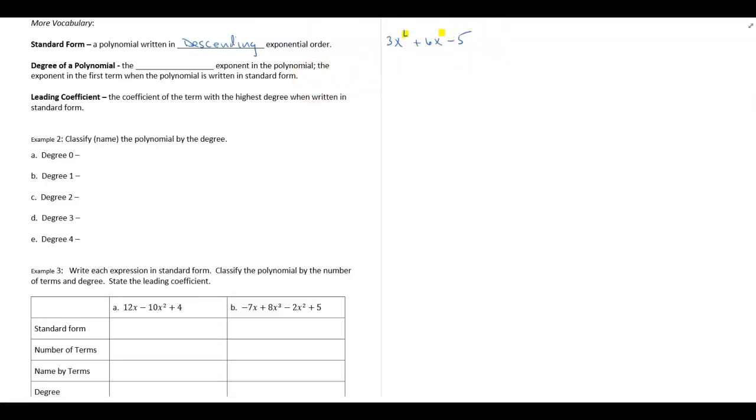If it's just this, you'll find out in a minute, is called a constant, meaning it has no exponent, but we could consider that to be the same as 5x to the 0, which is the same as 5. So the exponent is technically 0, but we just write it as 5. Another example would be something like 6x to the fourth minus 5x to the third plus 6x squared minus 2x plus 1.